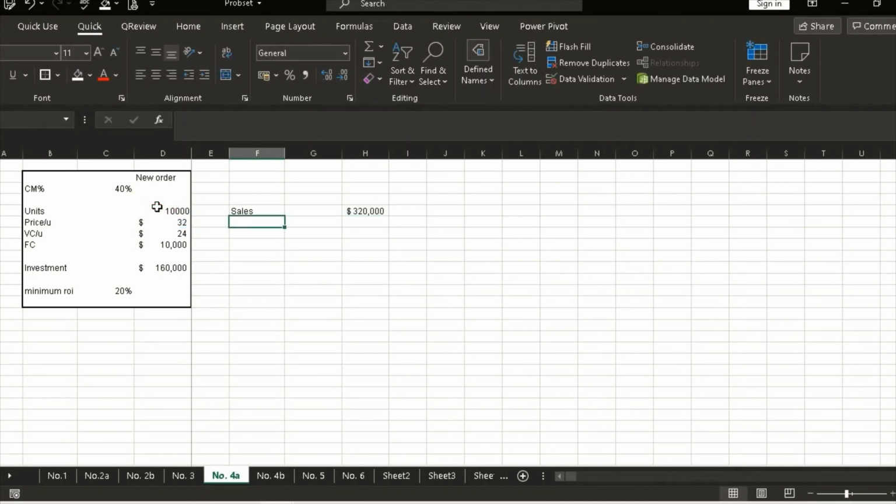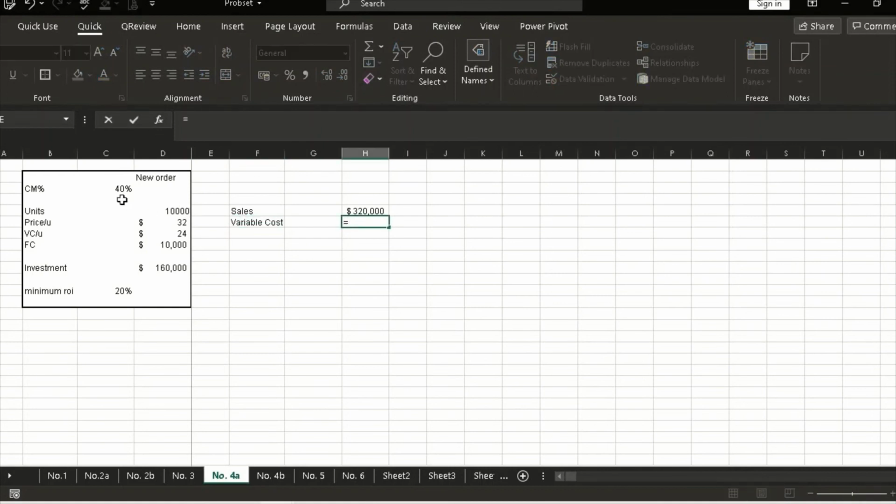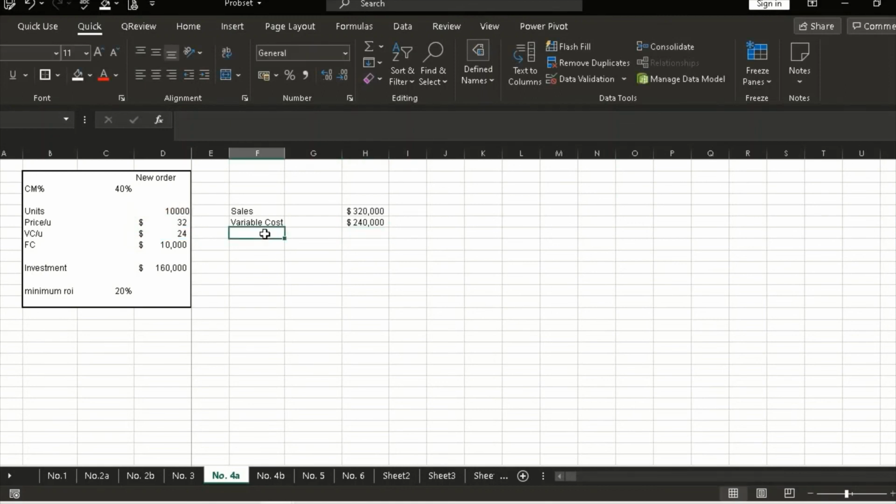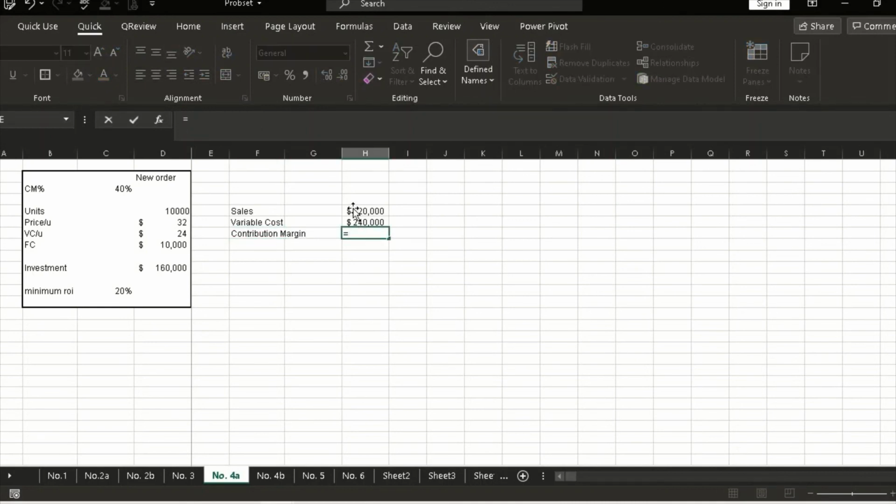Then we are to deduct from sales the variable cost, which is $24 per unit for 10,000 units. By deducting the variable cost from the sales, we'll get a contribution margin of 80,000.